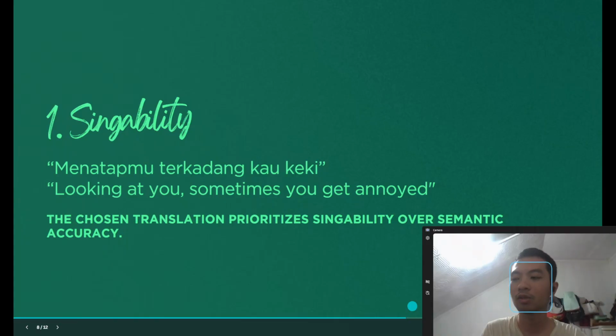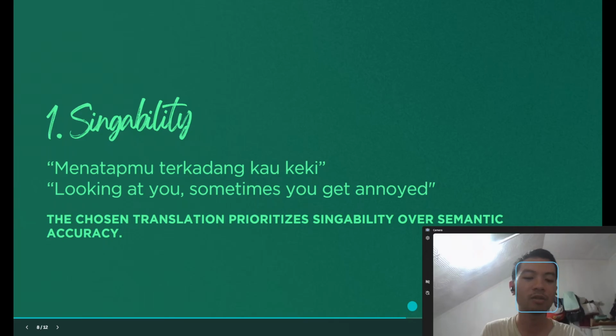I had to retain the singability. The original song is "menatapmu terkadang kau keki tapi malam sudah kau peluk lagi sungguh aku tak mengerti."